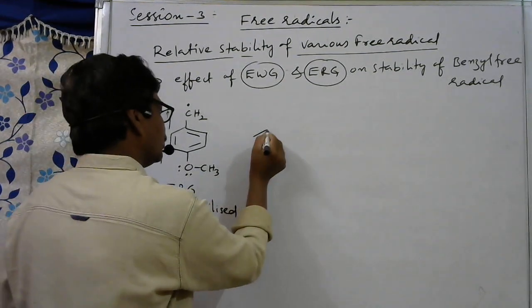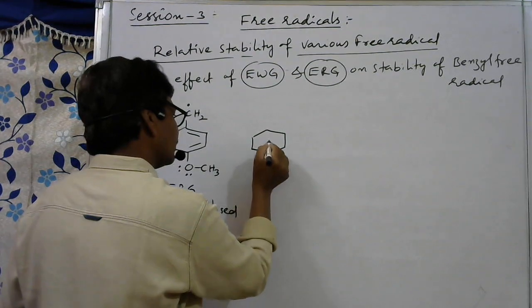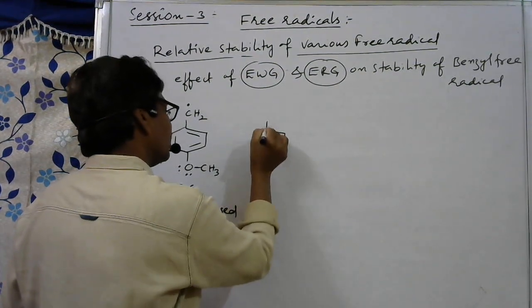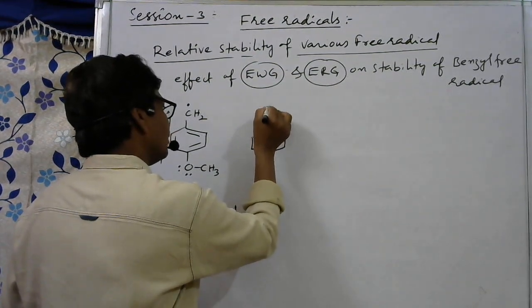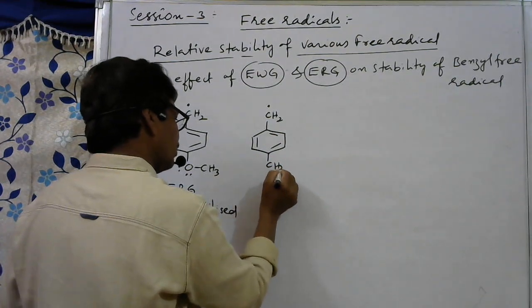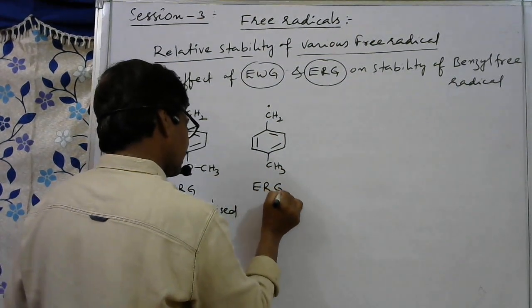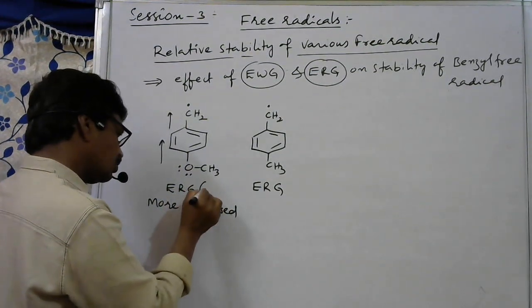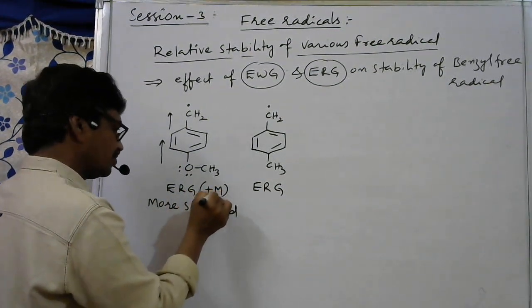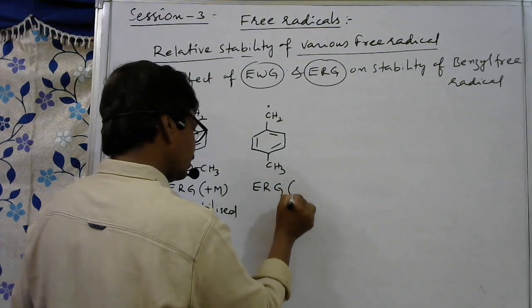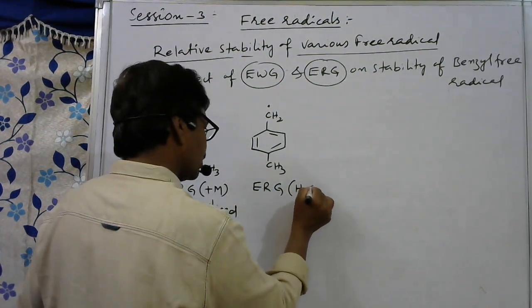Then one more group, methyl. Taking methyl on benzyl free radical, at the ortho position. Methyl group is also an ERG. But this ERG is not due to plus M effect; it is due to the hyperconjugation effect.